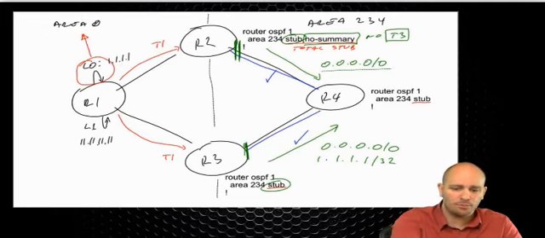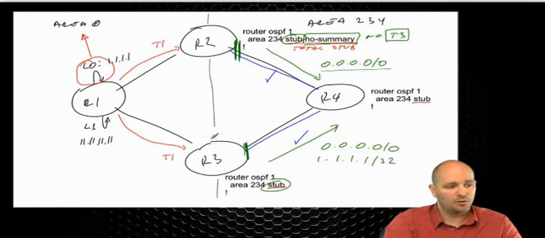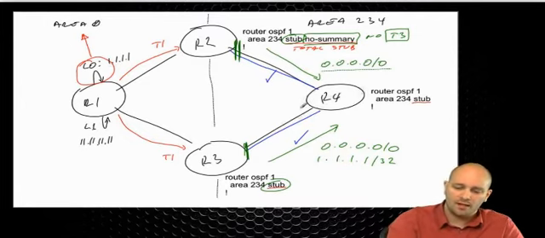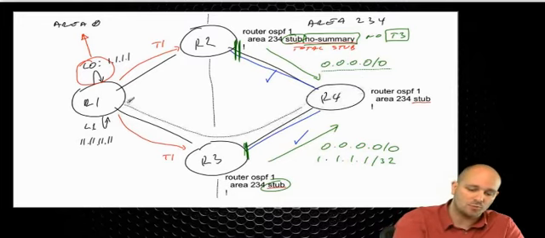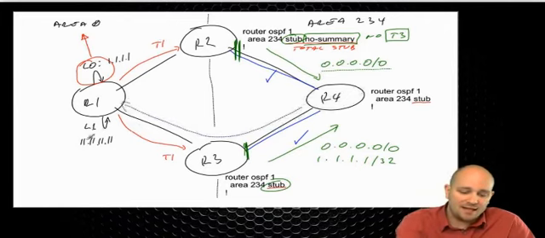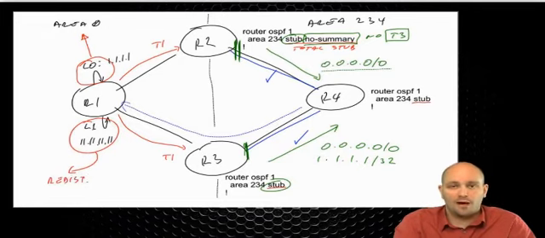So the actual path that the traffic to 1.1.1.1, if I did a trace route from R4 to 1.1.1.1, the path will take me this way. So this is the way I will reach 1.1.1.1. But let's say that I actually redistribute this into my OSPF.